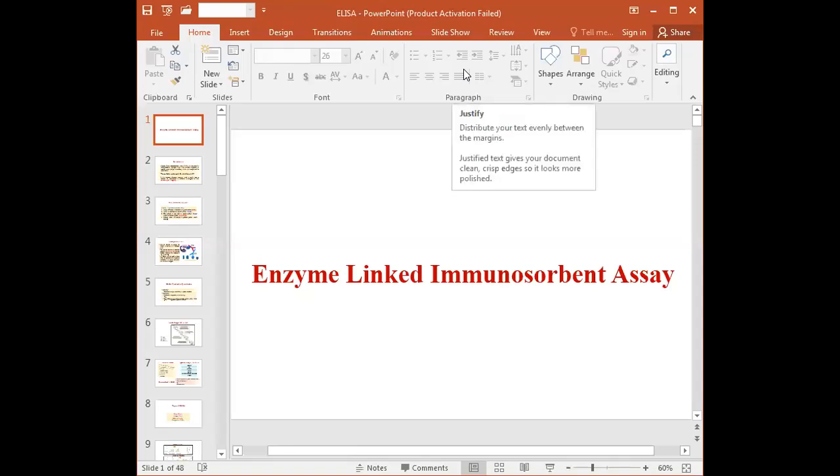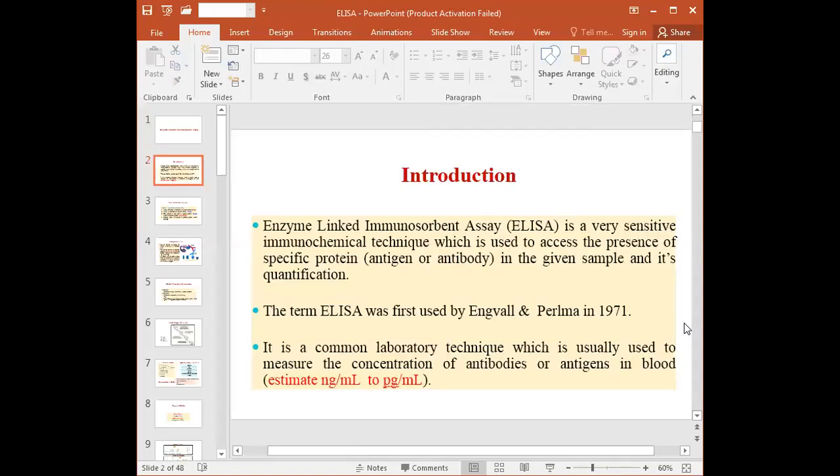Today, I am going to discuss the topic enzyme-linked immunosorbent assay. Enzyme-linked immunosorbent assay, or simply ELISA, is a very sensitive immunological technique.